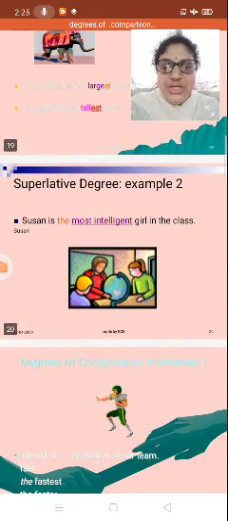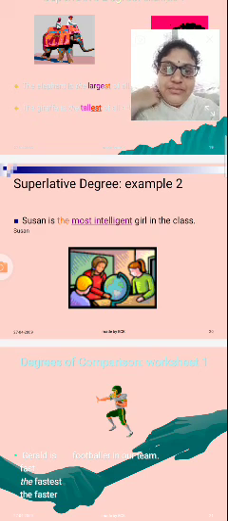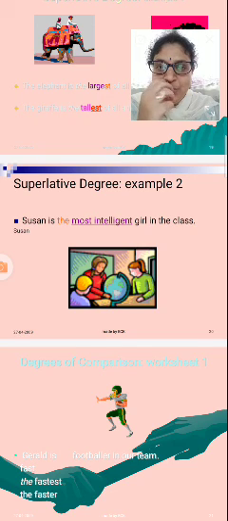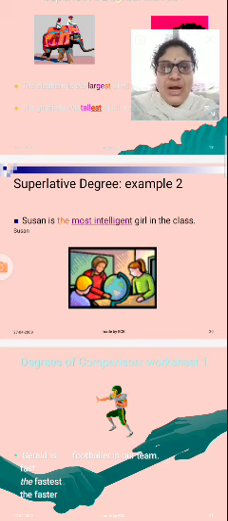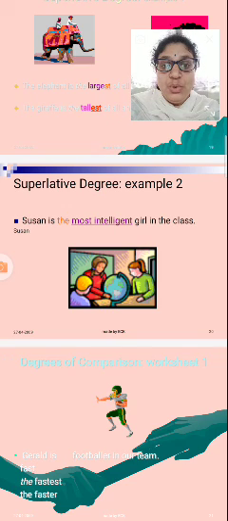So superlative degree, the second example: Susan is the most intelligent girl in the class. I already told that in the classroom we are comparing with the other students, a boy or a girl, whatever it may be. Susan is the most intelligent girl in the class.